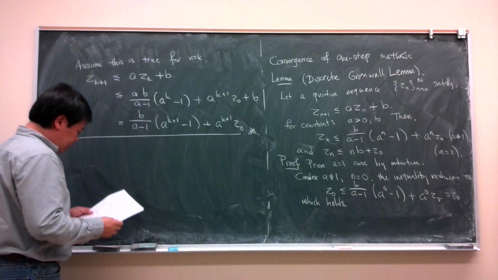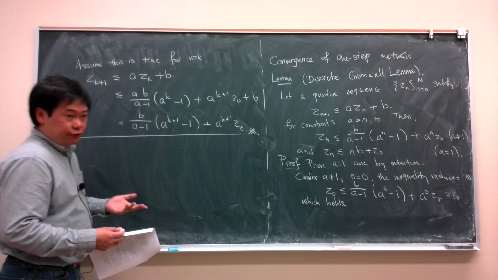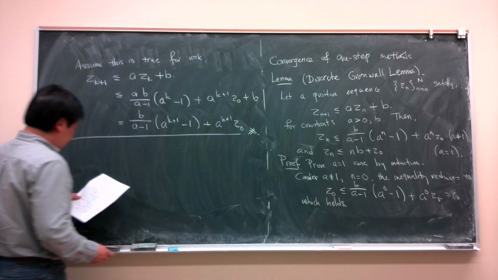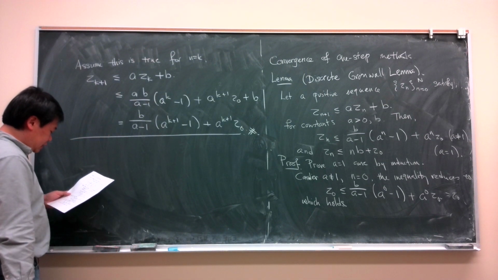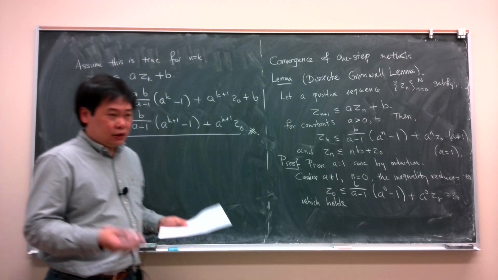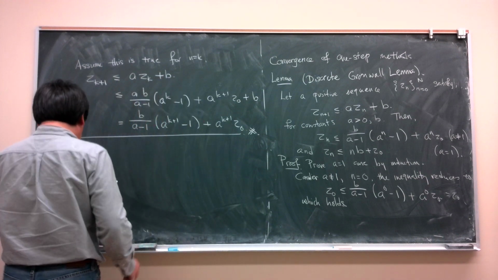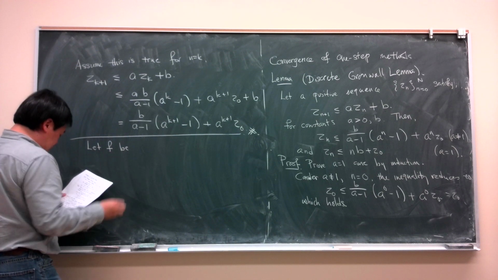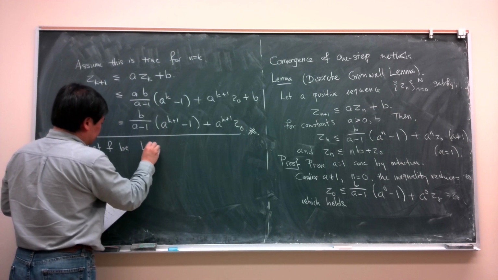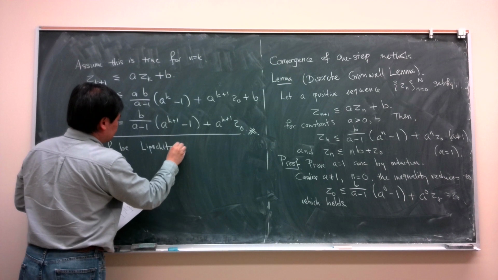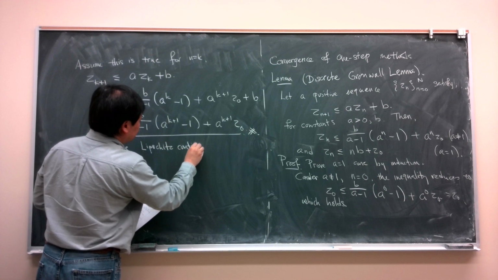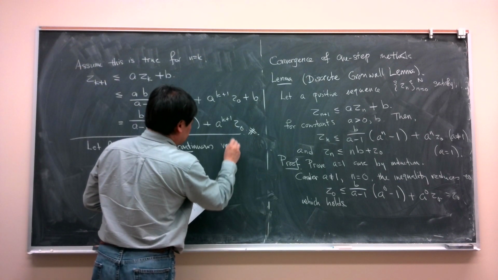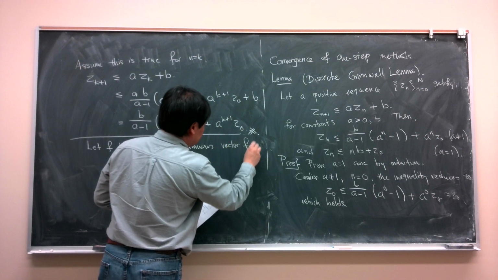Okay, so now we're going to use this to prove that the Euler method converges. In order to do that, you have to introduce this idea of Lipschitz continuity of the vector field. So let F be a Lipschitz continuous vector field.